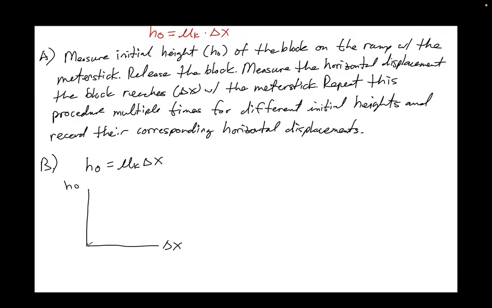The slope of the best fit line for that data should be equal to our experimental value for the coefficient of kinetic friction. That should work. We could just say graph h naught on the y-axis and delta x on the x-axis, and the slope of the best fit line should equal mu sub k.